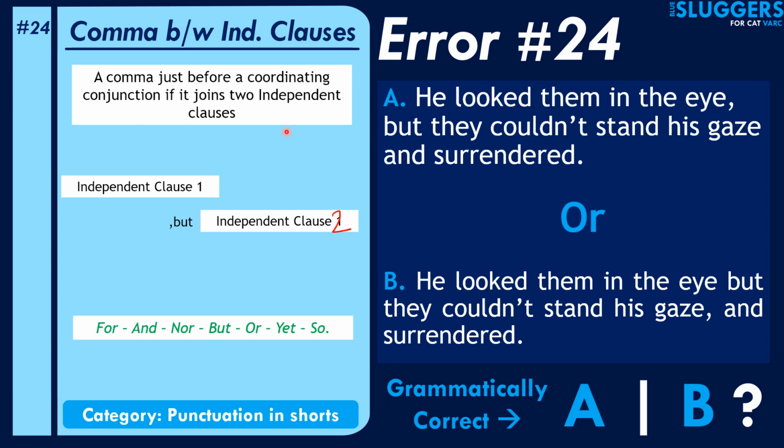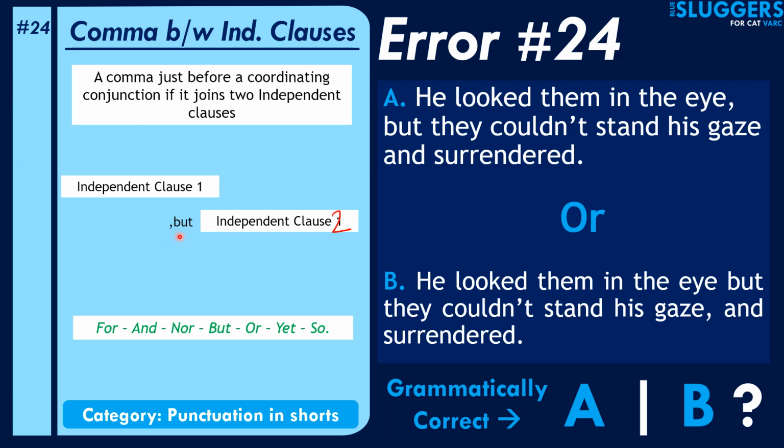Hence, if you have an expression made up of two independent clauses being joined by a coordinating conjunction, these are your coordinating conjunctions, and "but" is the coordinating conjunction in this case, then the comma will need to be put right before the coordinating conjunction.